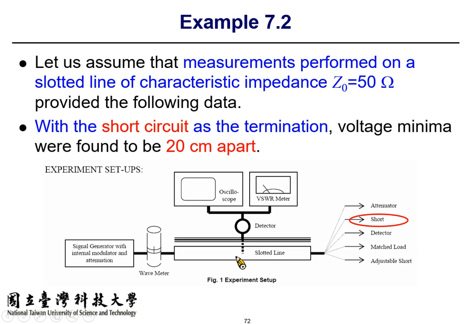You have a rectangular waveguide with a slot line cut in the middle. The slot line is cut in the middle so that there is no radiation emitted from the slotted line. The reason why it cannot radiate is because of the boundary condition in the waveguide structure.